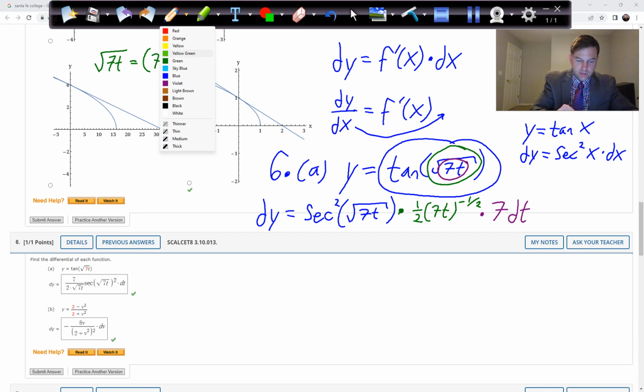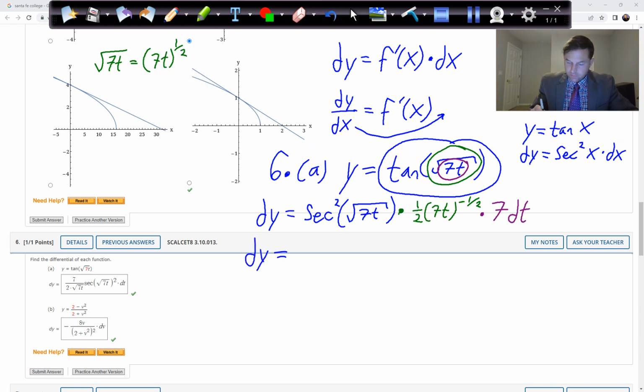So putting this all together, dy is equal to, this 7 is going to combine with this 1/2. This minus 1/2 is going to push this 7t into the denominator with a radical symbol.